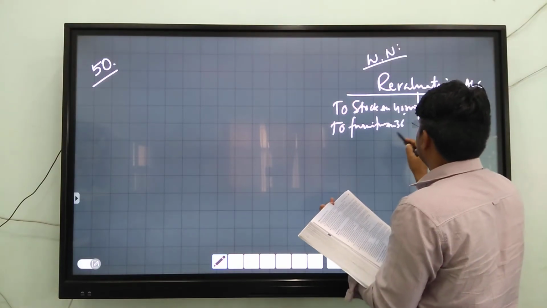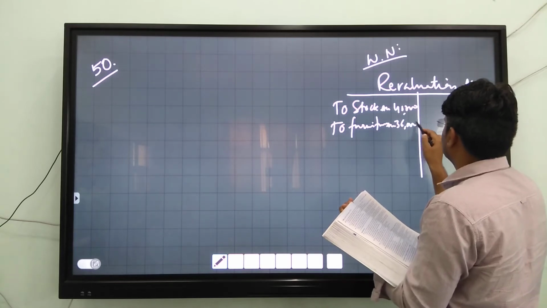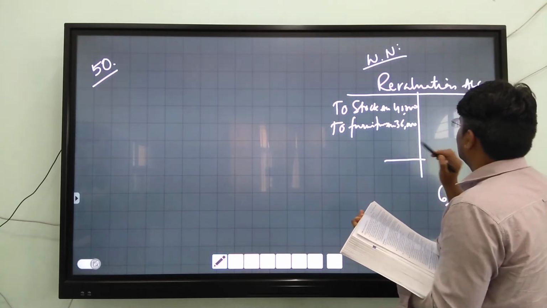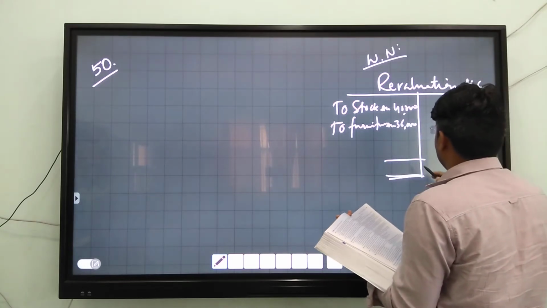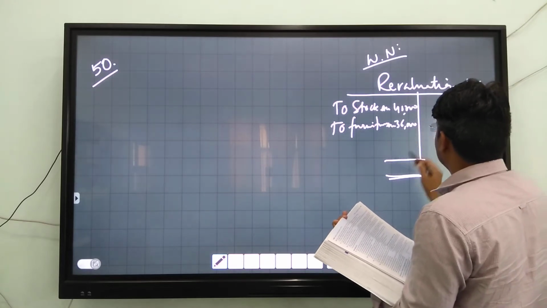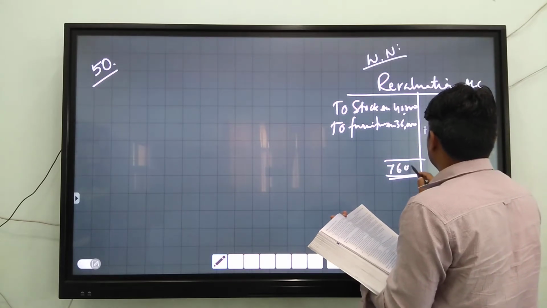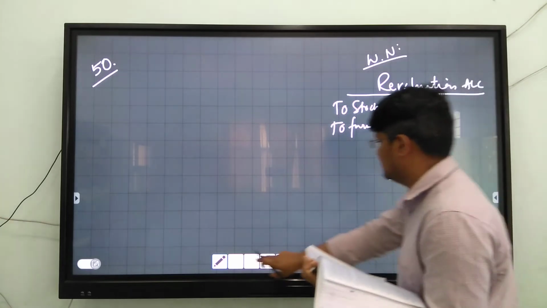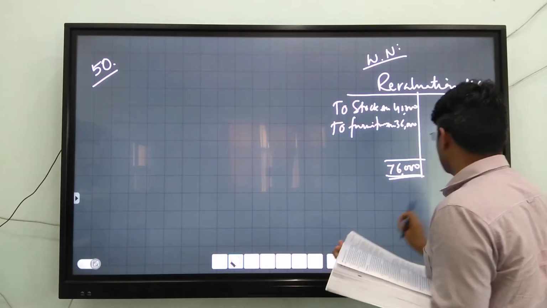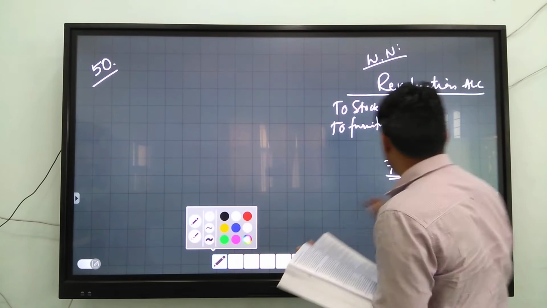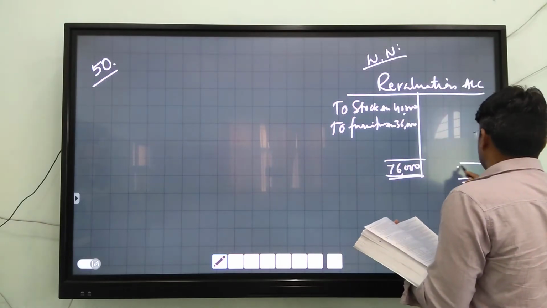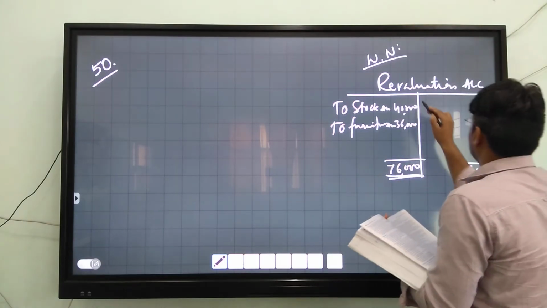The value of furniture is reduced by 36,000. We have to add the figures, so 40 and 36, we get 76,000. We will transfer on the right side 76,000.